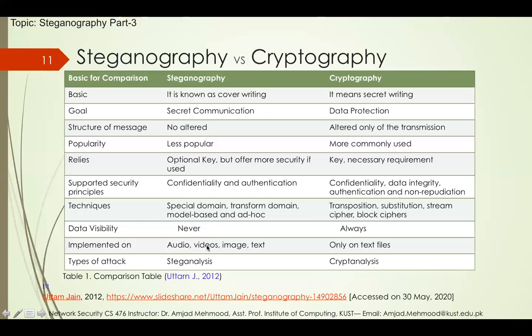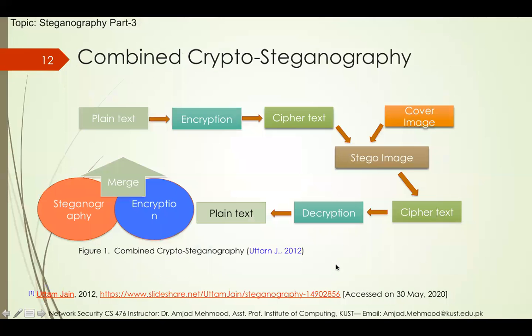Steganography is implemented in audio, video, image and text, whereas cryptography applies only to text files. Attacks on steganography are called stegoanalysis, whereas attacks on cryptography are called cryptanalysis.